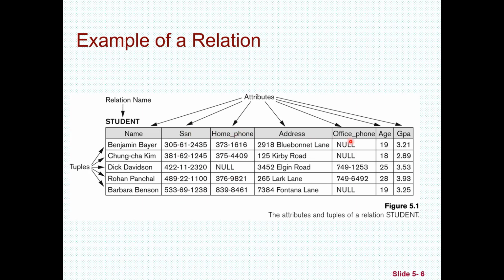Okay, and the student here is a relation name. Always when we are describing the relation, we have to put on the top of the table the name of the relation. Okay, and the records or the rows are called tuples in the relational database modeling.